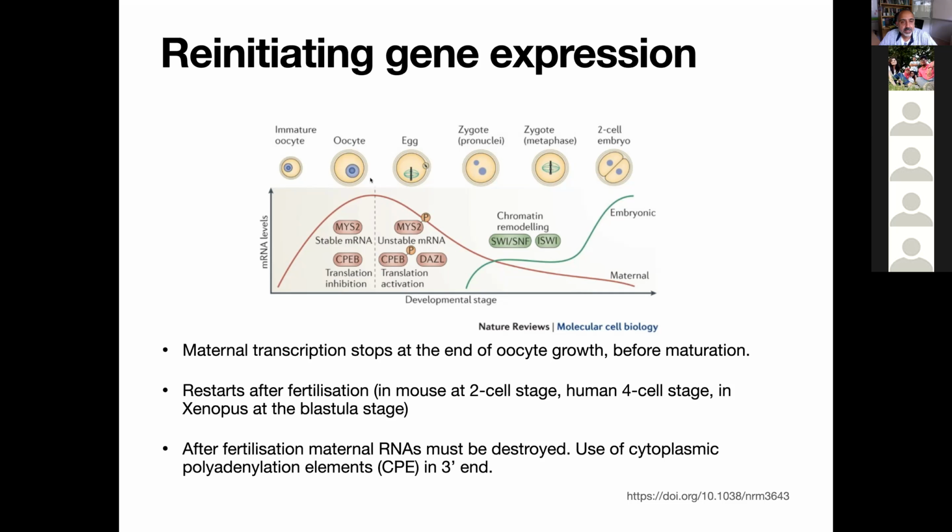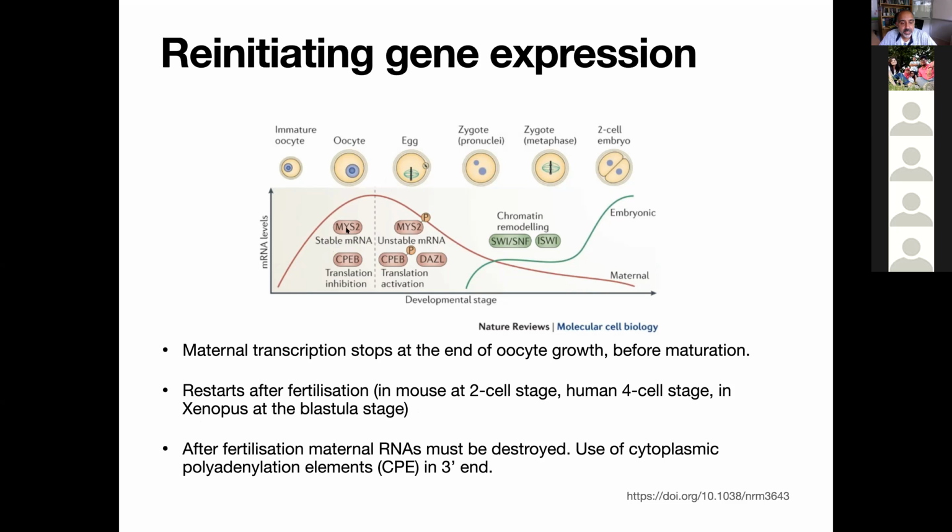These products may only be needed in the mouse for 2 cells, so 1 cleavage, in humans for 4 cells, so 2 cleavages. But in Xenopus and in fish, it's needed for a long time, for about 8 hours, until the blastocyst stage forms.